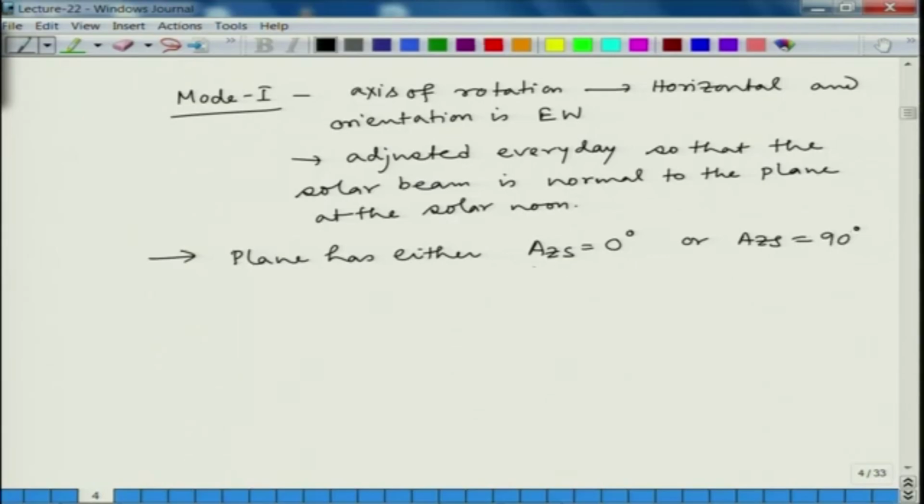Okay. Surface azimuth angle means what? The direction of the projection of the surface normal on the horizontal plane, with respect to the south direction, right. So, when it is 0, that means the surface is oriented towards south, and this means towards north.